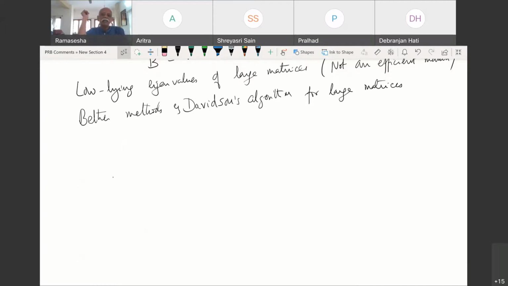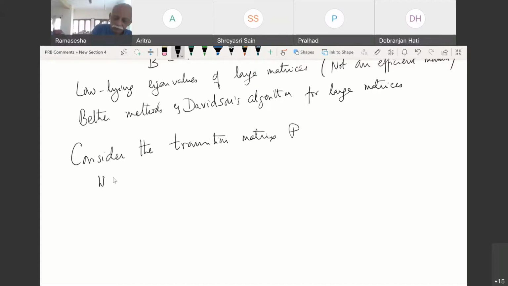Now I'll come back to my matrix P. We want to get the equilibrium of the transition matrix P of any subject.